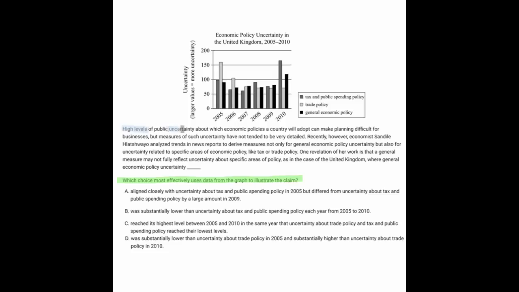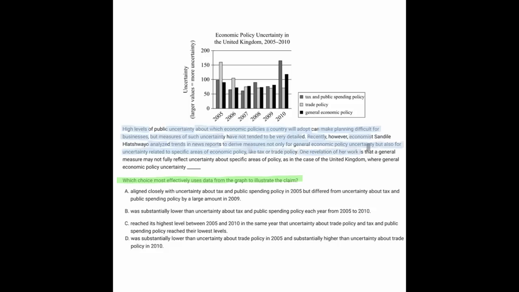High levels of uncertainty about which economic policies a country will adopt can make planning difficult for businesses, but measures of such certainty have not tended to be very detailed. Recently, this economist analyzed trends in news reports to derive measures not only for general economic policy uncertainty, but also for uncertainty related to specific areas of economic policy, like tax or trade policy.